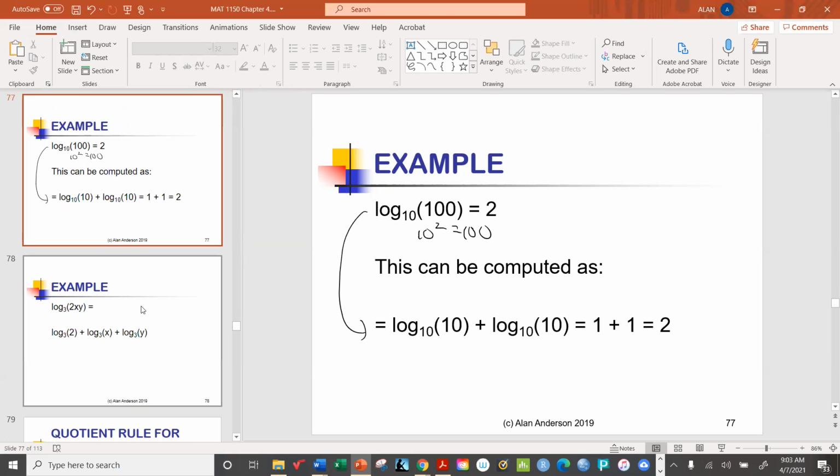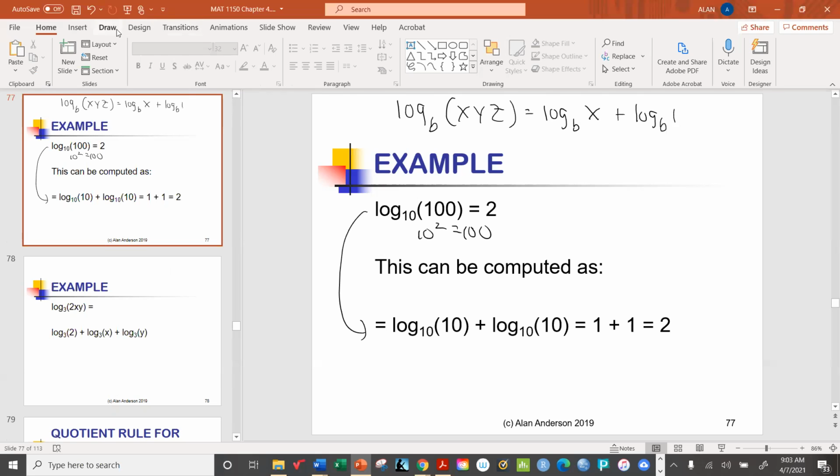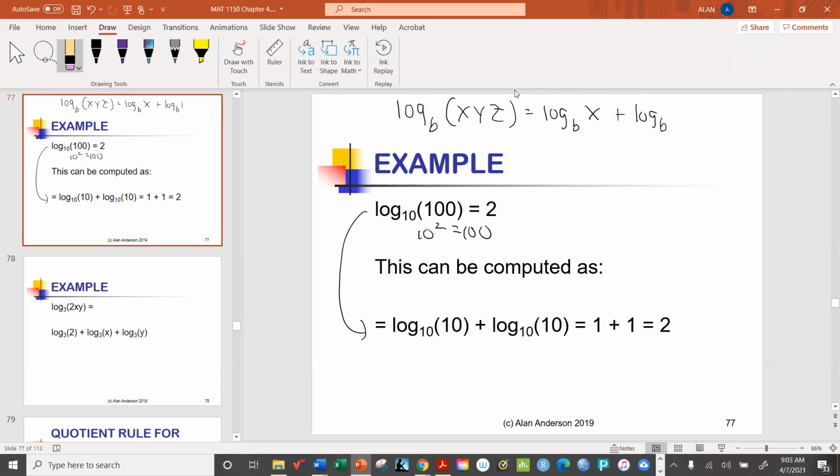Now, here's another good example because this one shows that this can apply to a product of three terms. It's not just two. In other words, the log of, let's say, x, y, z can be written as the log of x plus the log of y plus the log of z.